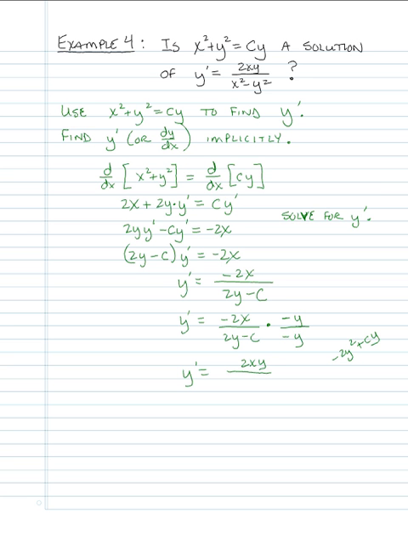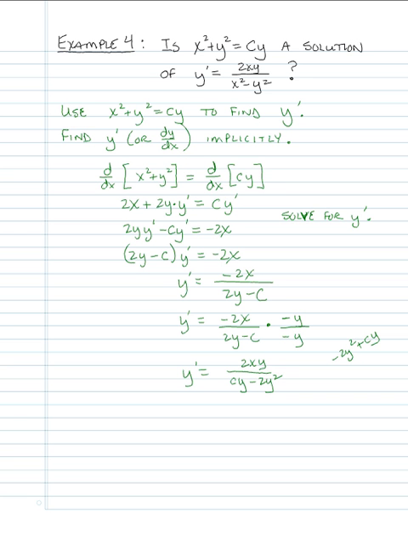Now, I think what I'd like to do here is change the order of that, because I'd like it to say subtract instead of negative 2y squared. So I'm going to write that as cy minus 2y squared. That's the same thing, isn't it?